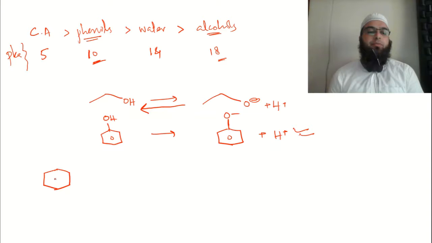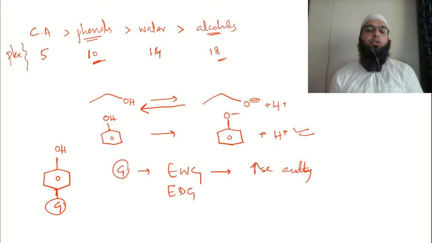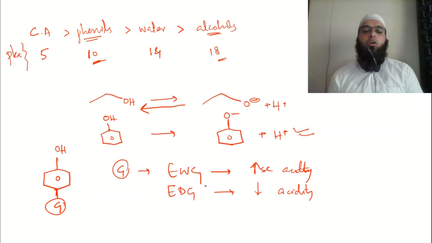If this phenol is substituted, for example, there is a group G present on the phenol, and if this group G is an electron withdrawing group, then it's going to increase the acidity of the phenol. And if it's an electron donating group, then this is going to decrease the acidity of phenol.